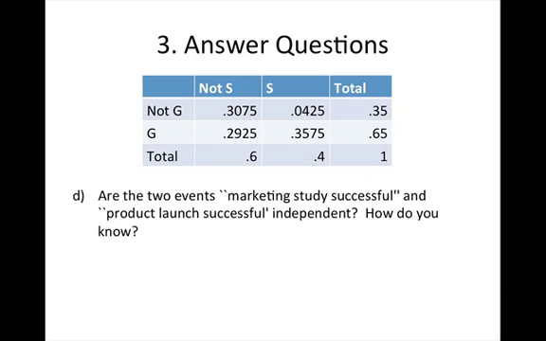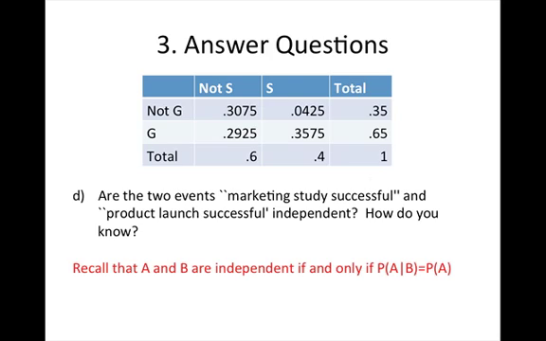Part D asks whether the events that the study is successful and the product launch is successful are independent. Let's recall that A and B are independent if and only if the conditional probability is equal to the marginal probability. So let's take a conditional probability that we have and compare that with a marginal that we have.